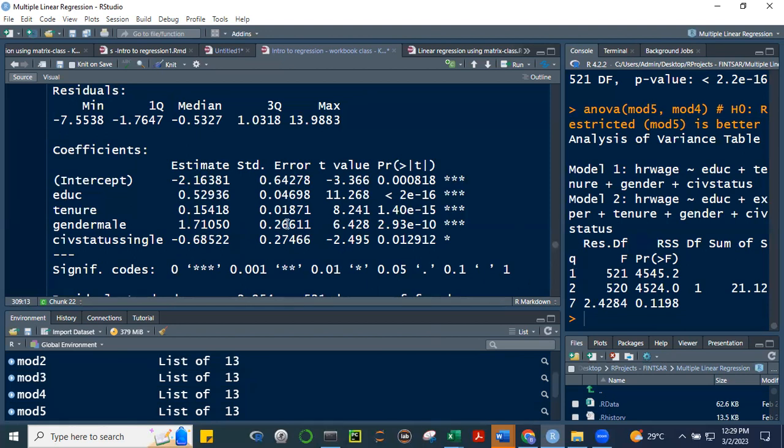On the average, people with no education, no tenure, non-white, kasi walang non-white dito, zero yun, di ba? Who are female, who are married, receive negative $2.16 hourly wage. Okay, so those are the parameters.